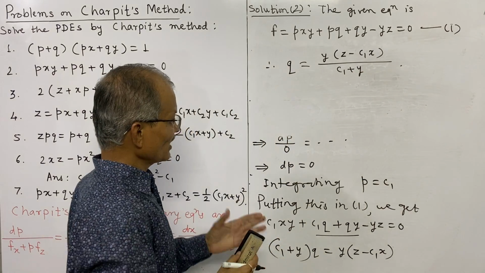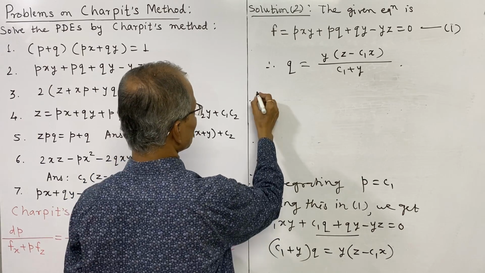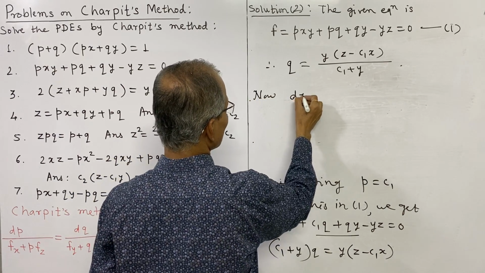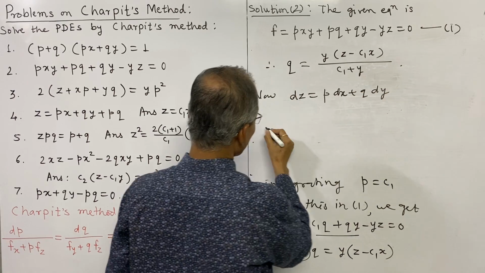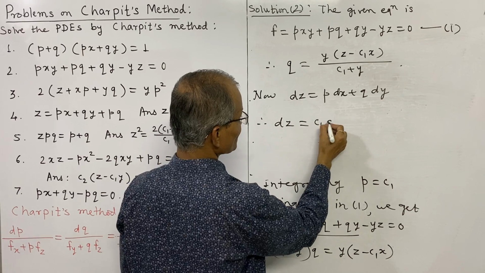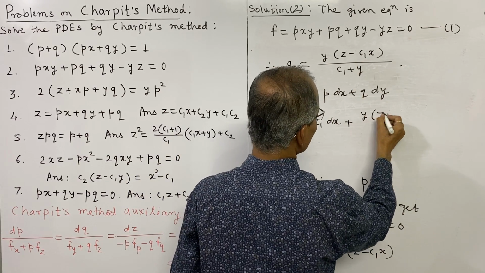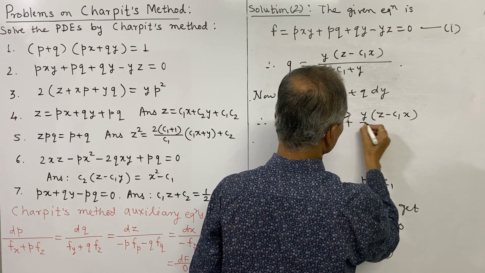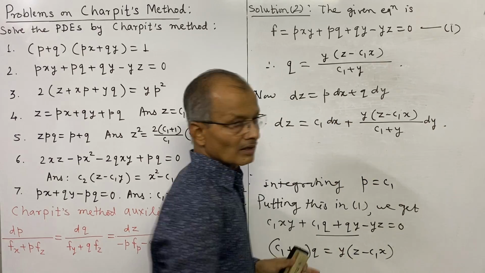Put the values of p and q now in the equation of dz. Now dz is equal to p dx plus q into dy, which means dz is equal to, p is c1, so c1 into dx, and q is this value, that is (yz minus c1x) divided by (c1 plus y) into dy.